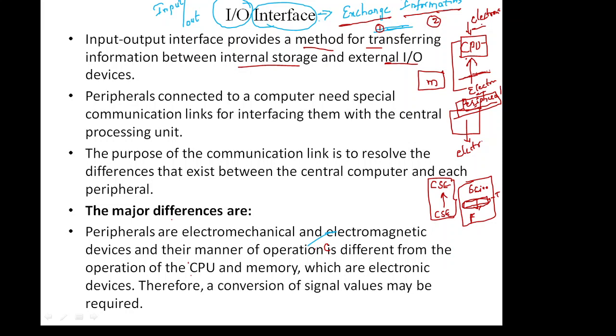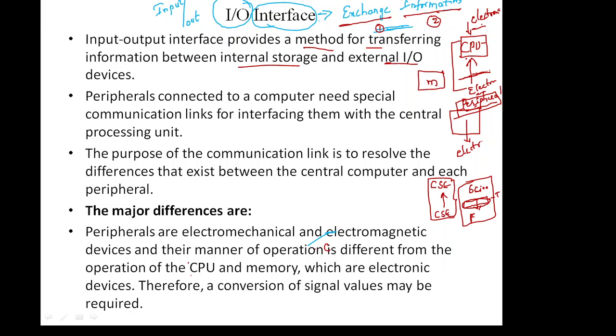So the purpose of why we need a communication link is to resolve all these differences that exist between the computer and the peripheral devices. That is the main purpose why we have the interface between the computer and the peripheral devices.